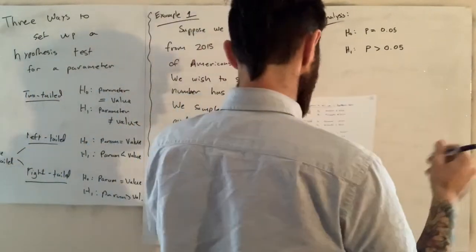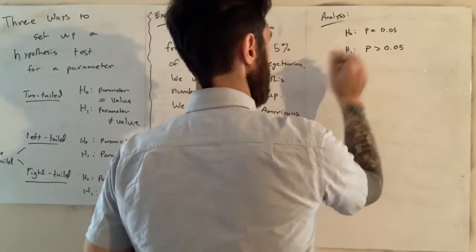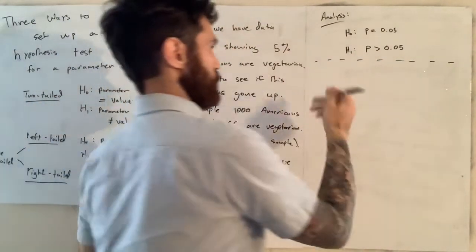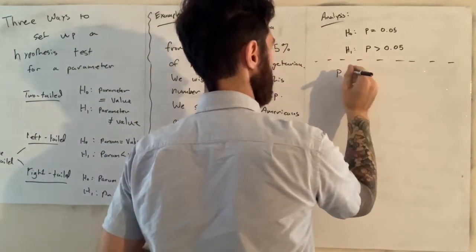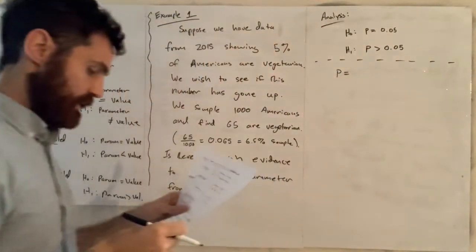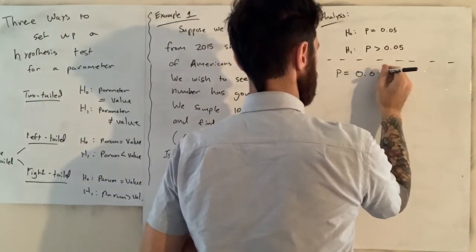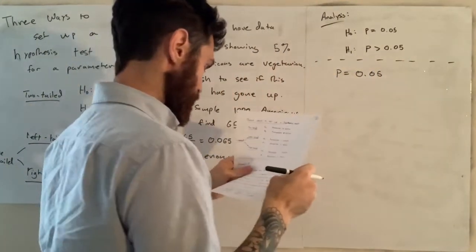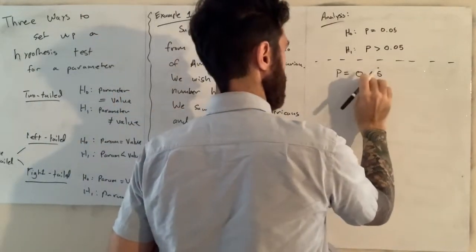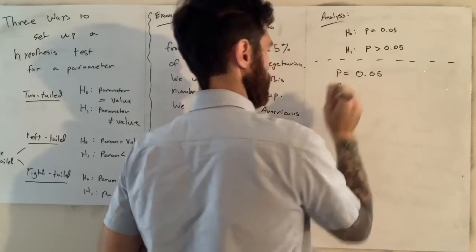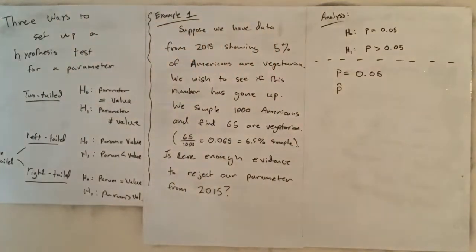So what we're going to do is build a model based on our assumption. So we have that P is equal to 0.05, and we now want to look at the random variable p hat.